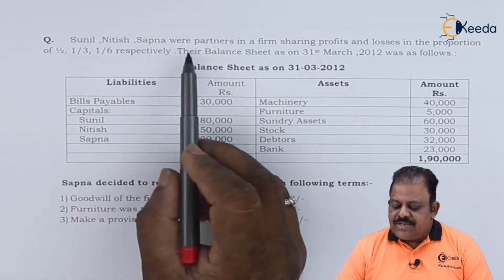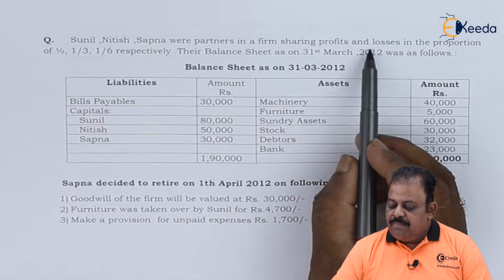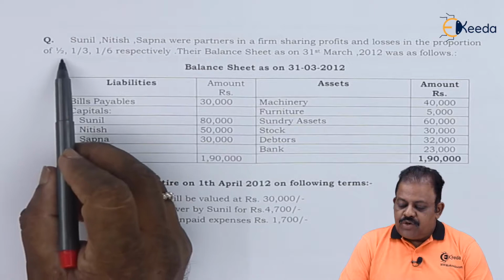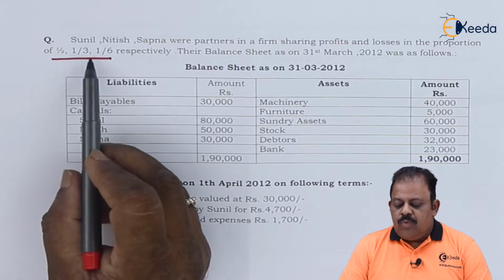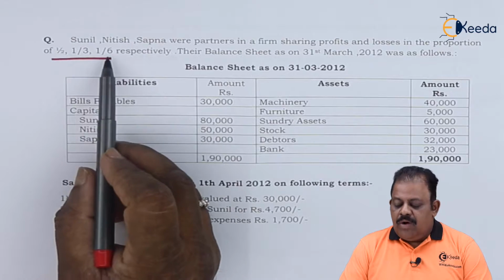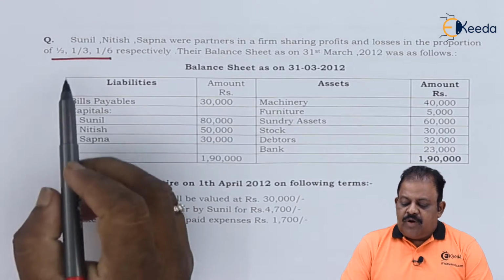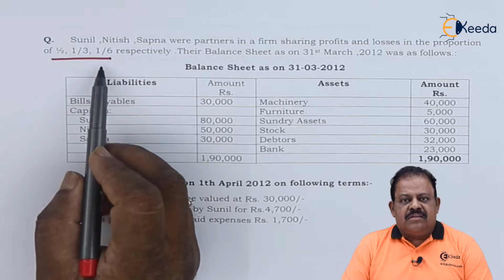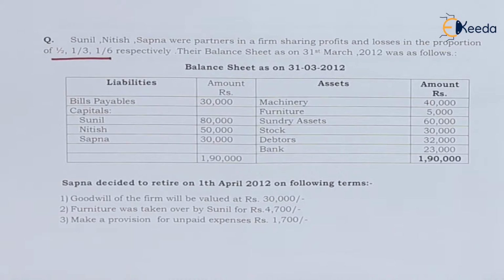Sunil, Nitish, Sapna were partners in a firm sharing profits and losses in proportion of 1 upon 2, 1 upon 3, 1 upon 6 respectively. This profit sharing ratio is not clear, so we are required to simplify this.